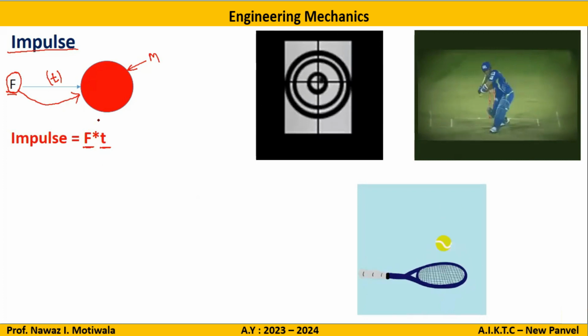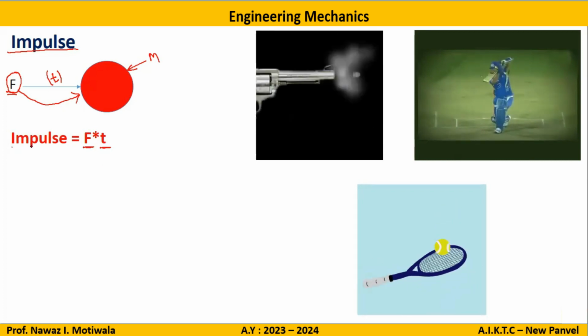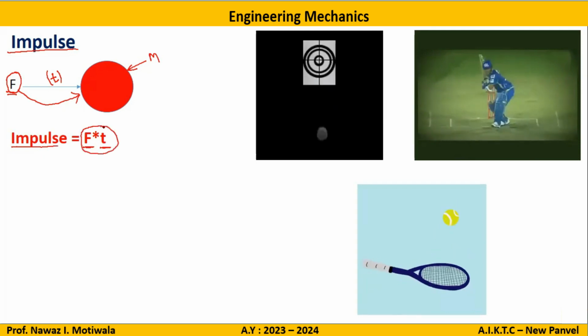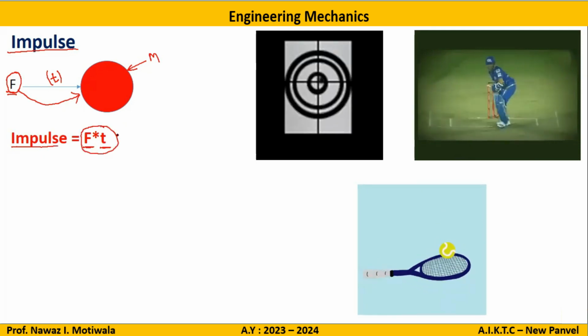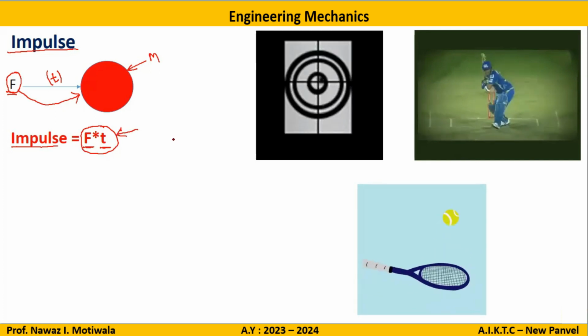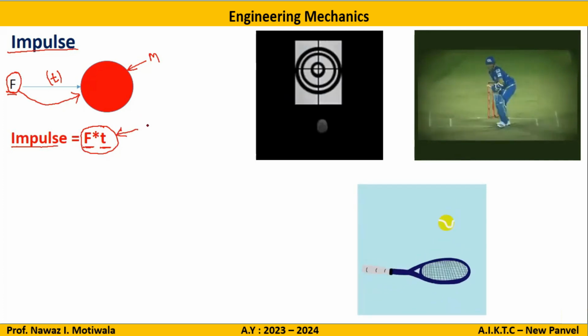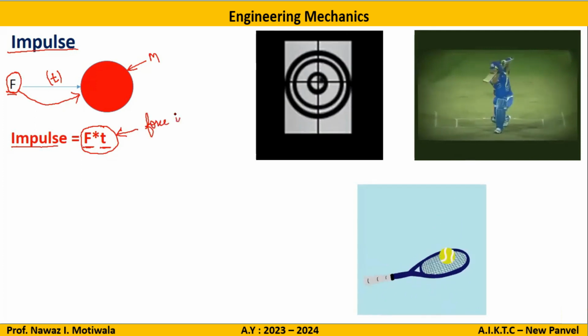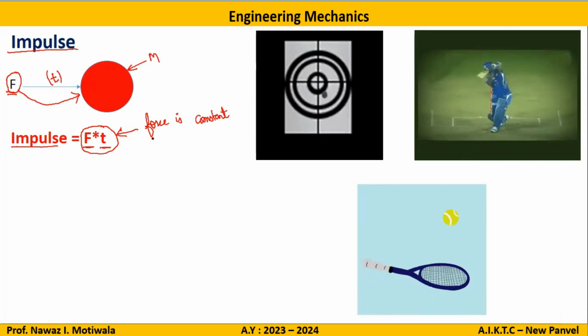Hence I can say that the magnitude of the impulse is nothing but force multiplied by time. Now this relation, impulse is equal to F into t, holds true when the force is constant over a period of time.